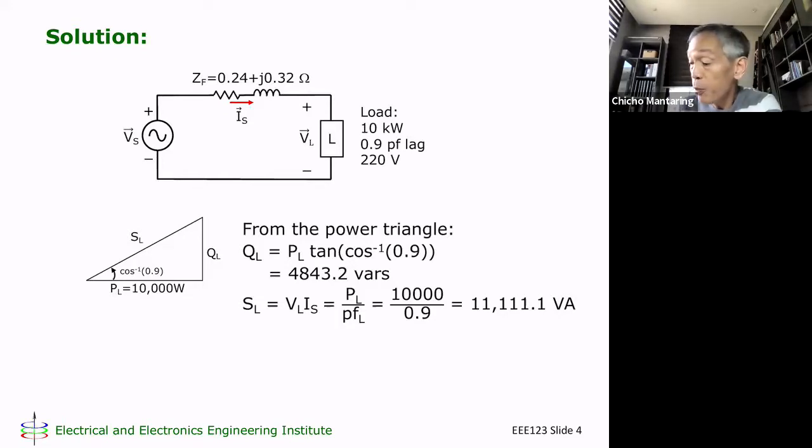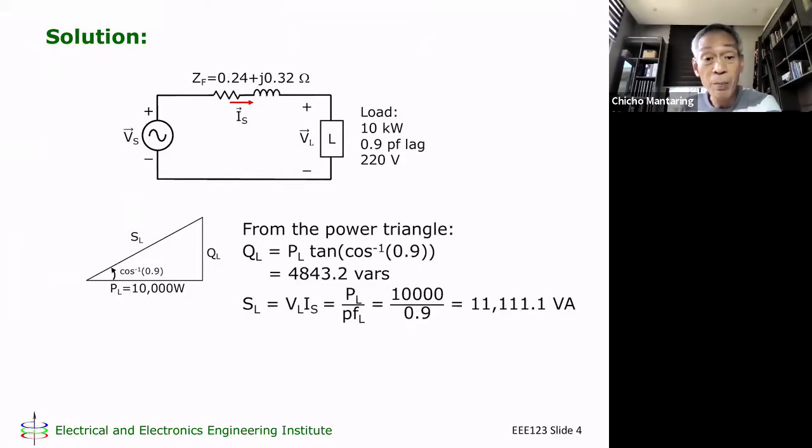From that, I can compute the volt amperes of my load, or the apparent power of the load. That is SL. SL, which is actually the magnitude of your voltage multiplied by the magnitude of your current, is just PL divided by your power factor.